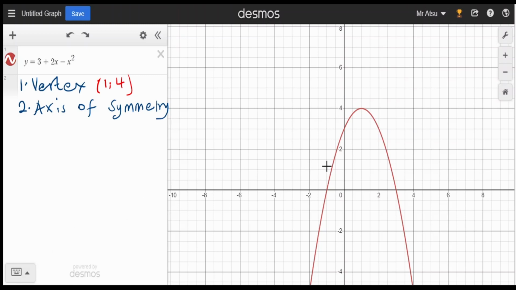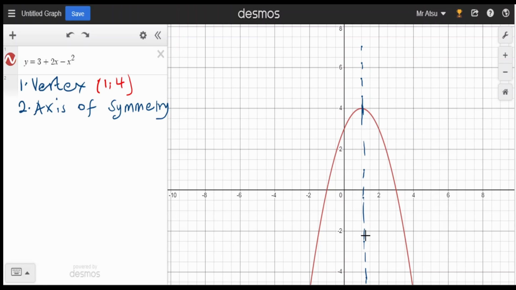So from this graph, this is the axis of symmetry. It passes through the vertex, and just like I said earlier, the axis of symmetry divides the parabola into two equal halves. So the right half here will completely overlap the left half when we fold it along this line of symmetry, meaning that it will fold exactly onto it.